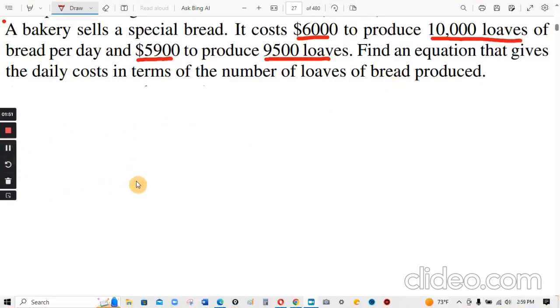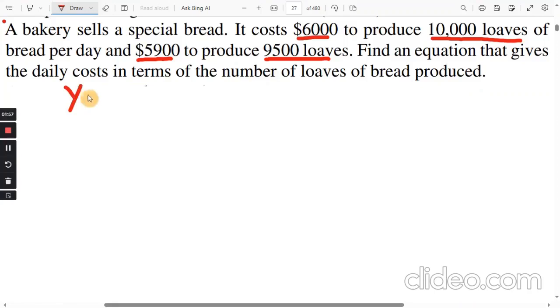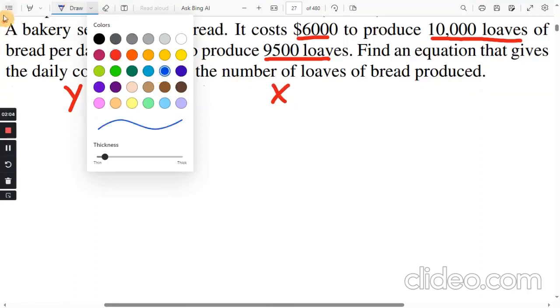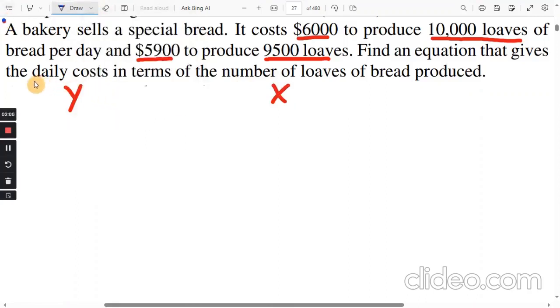Now, we said before y in terms of x. So the daily cost y is going to be in terms of x. All right, so I'll do it in a different color here. The daily cost is going to be your y, and the number of loaves is going to be your x.